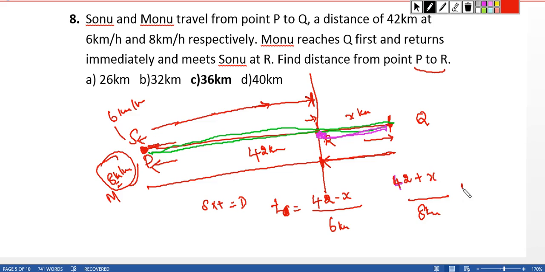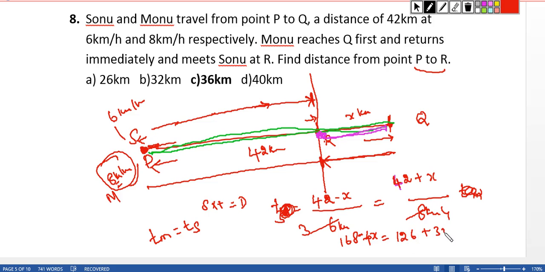So this is the time taken by Sonu, and the time taken by Monu is equal to the time taken by Sonu. So what we can do is put an equal sign between these two and start solving this. This is 168 minus 4x, which is equal to 126 plus 3x.